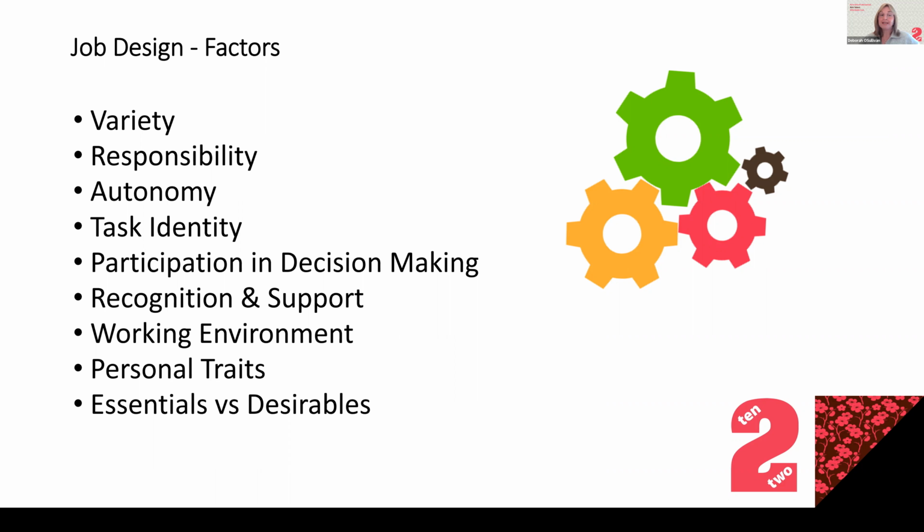A level of responsibility, even if it's a junior role, responsibility for delivery is really important, with some autonomy, because actually being micromanaged, there's very few people who enjoy that. Task identity is just making sure you know what they're supposed to be doing. So somebody can look at their job description and go, right, these are the 5 things I'm supposed to be focused on.